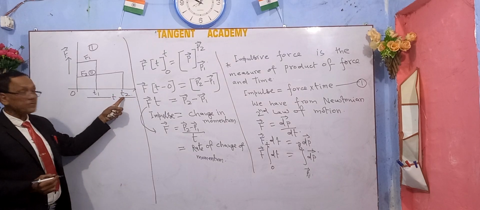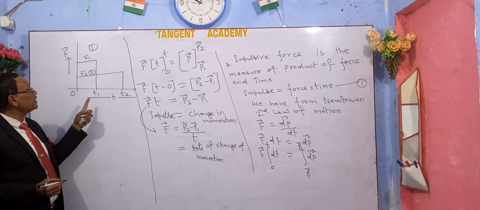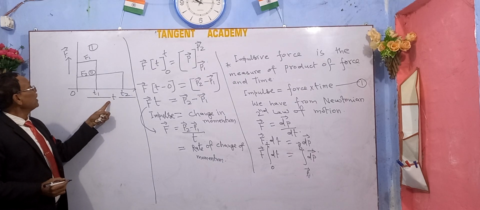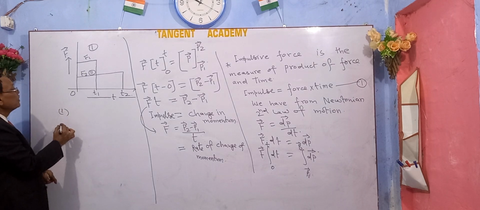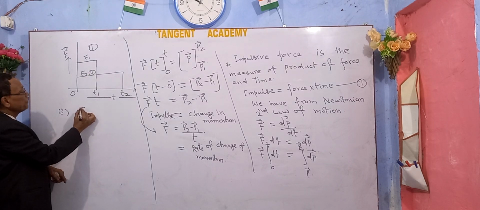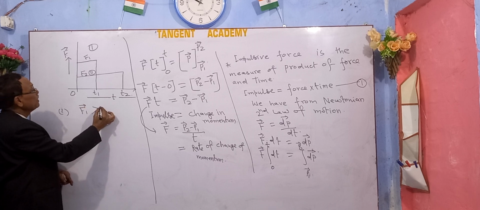Then clearly we can see from the graph that change in time is t2 minus t1, which is equivalent to t, and we can see from the graph F1 is greater than F2.